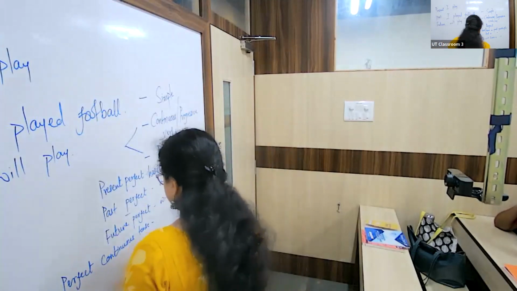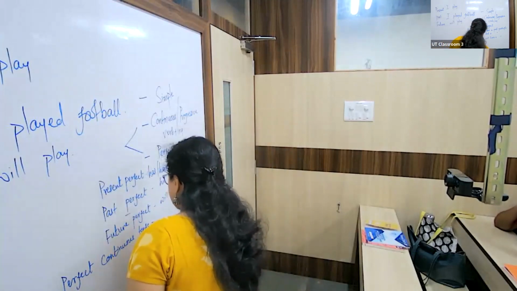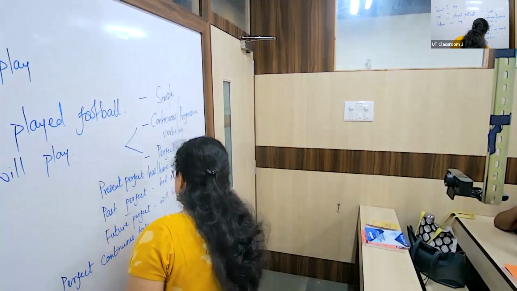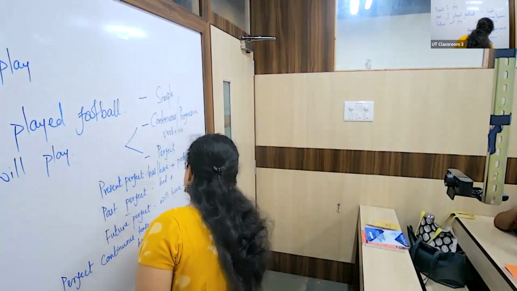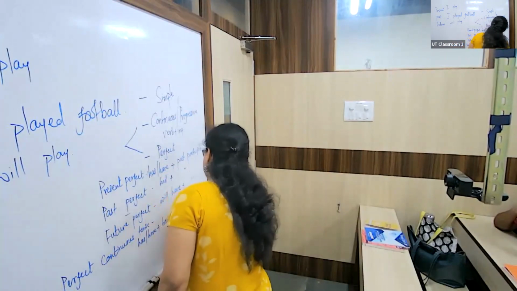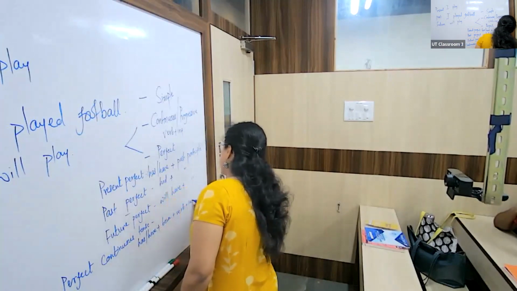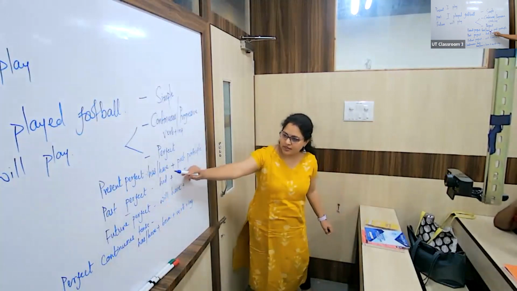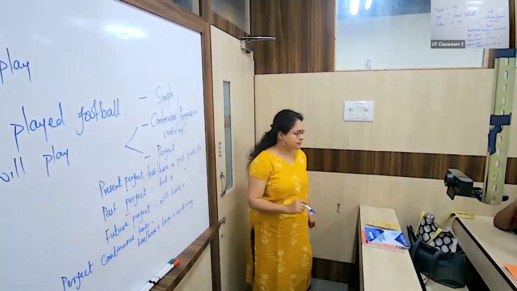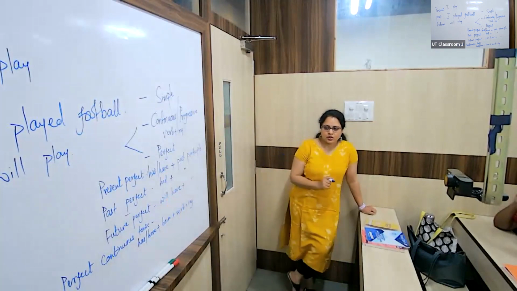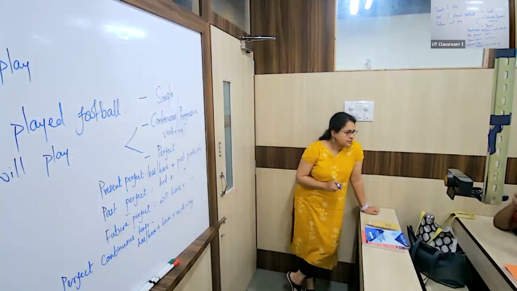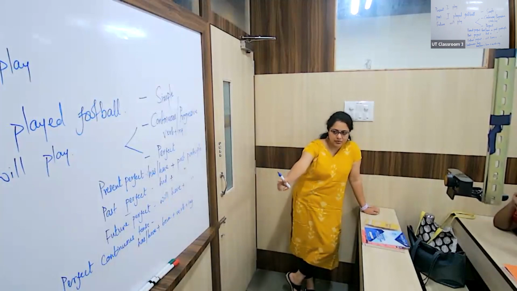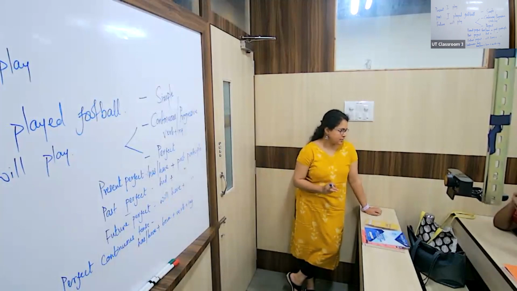It is has or have plus been plus verb plus ing. Combination of this and this. So how will you write this? I have been playing. That becomes perfect continuous tense.